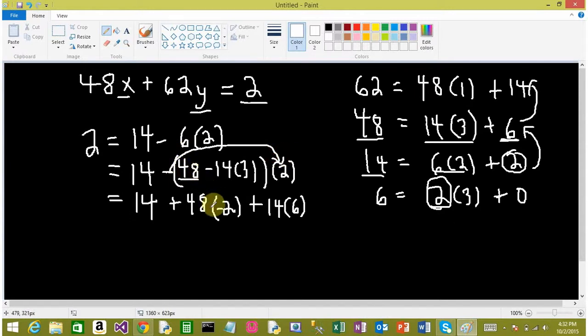Got the 48 here, so there's my minus 2. These two negatives make positive, so I had 14 and 3, and then I also had a 2 distributed, so that's how I got 6. 3 times 2 is 6. So I have 14 here, but I also have 6 more here, so I'll get 7 with 14. 14 times 7, and then plus 48 times negative 2.